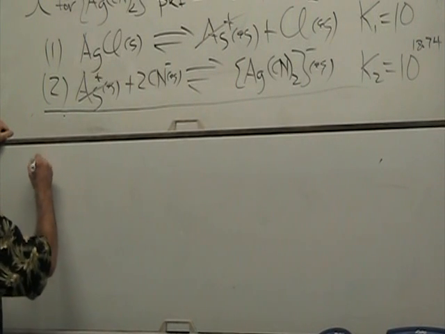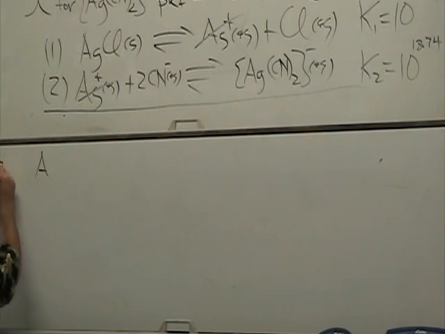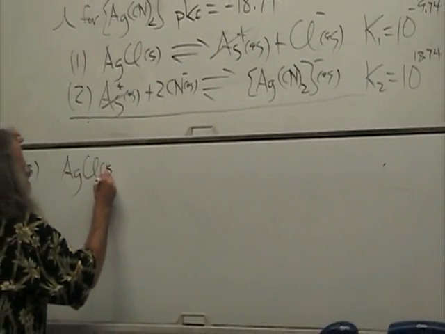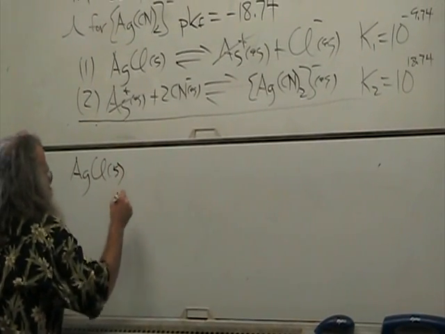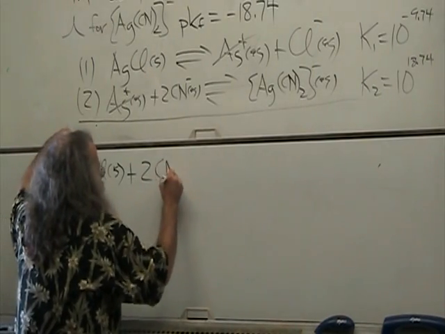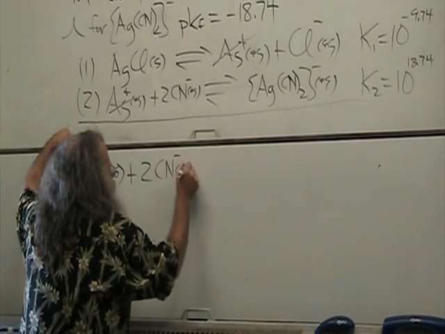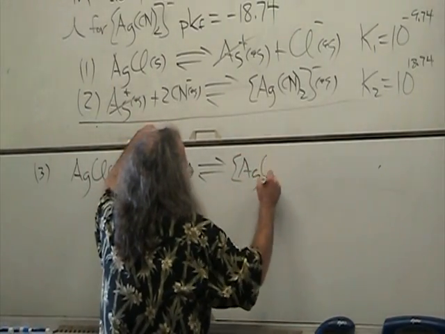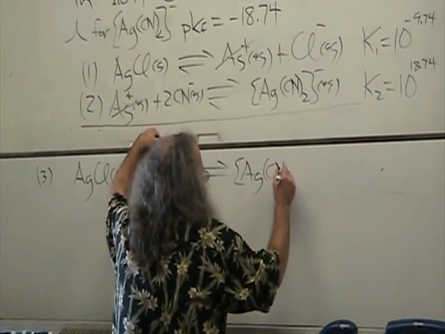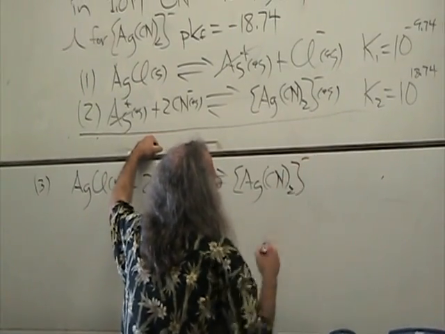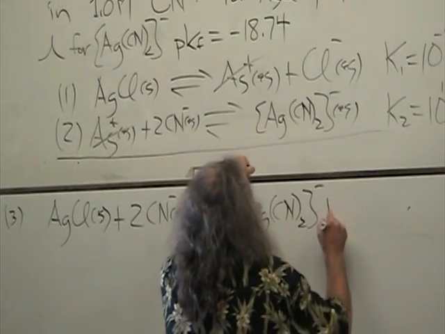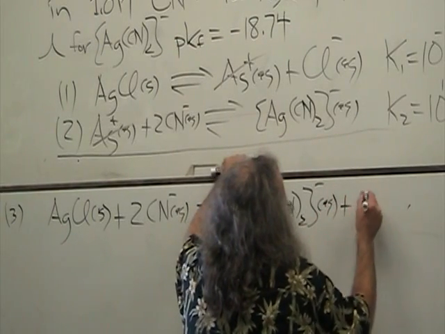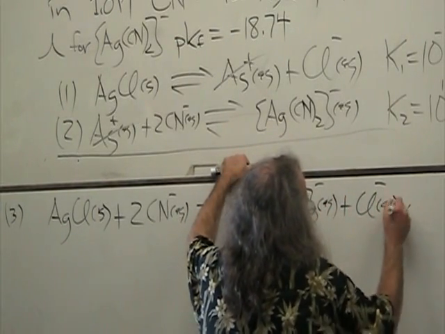Reaction 3: silver chloride solid plus 2 cyanides aqueous in equilibrium with the silver dicyano complex, aquated, plus the chloride ion aquated.